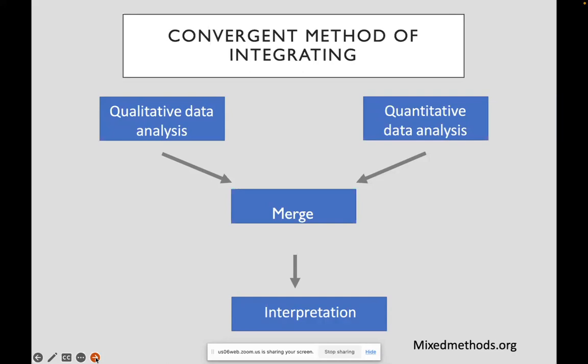This is how they're experiencing what we learned from this data. And you're using those two things together to create an impact statement, to understand how the community is truly impacted. So that's the convergent method, where you do these two analyses separately and then you integrate them, you merge that data.